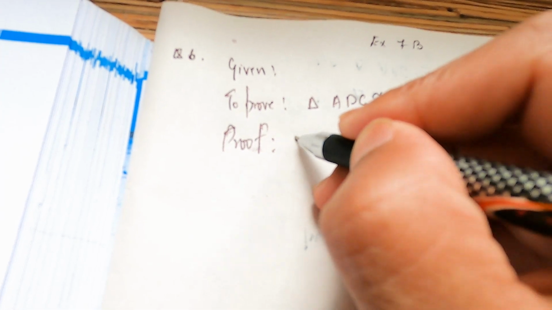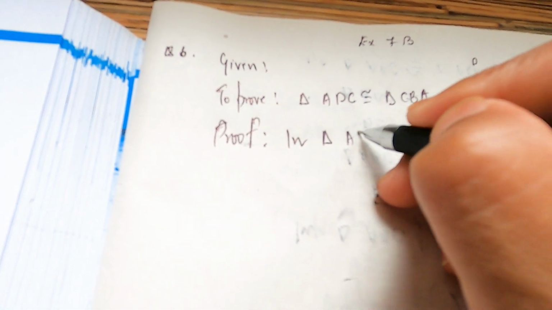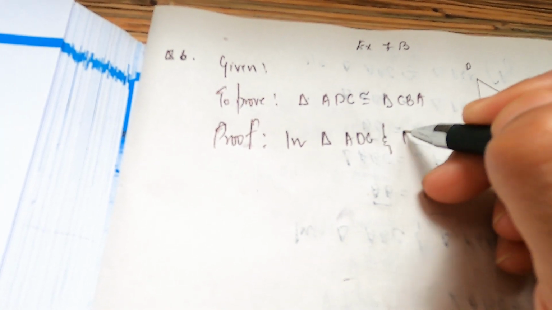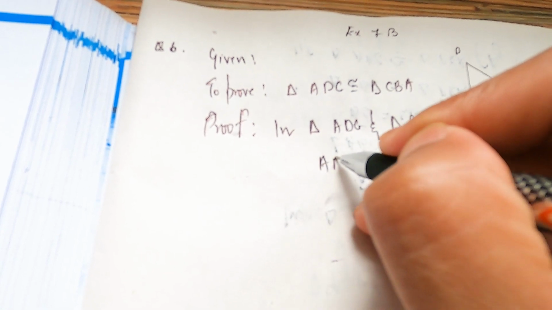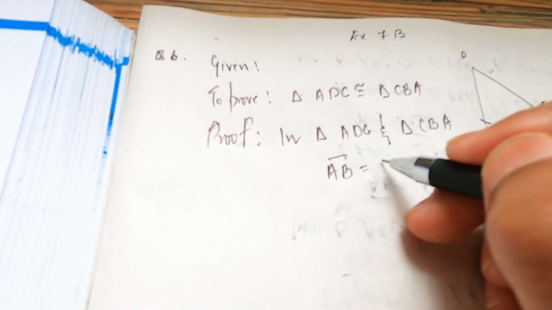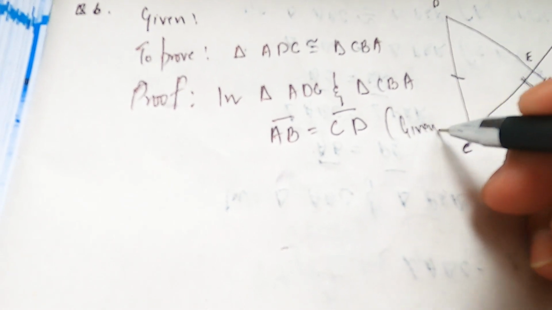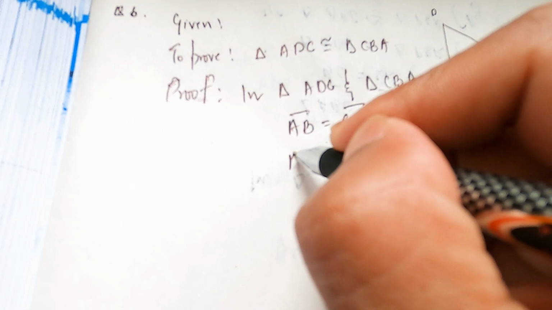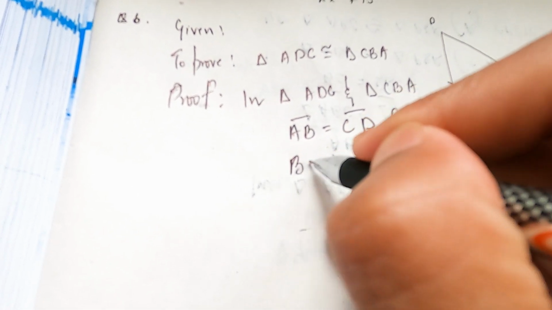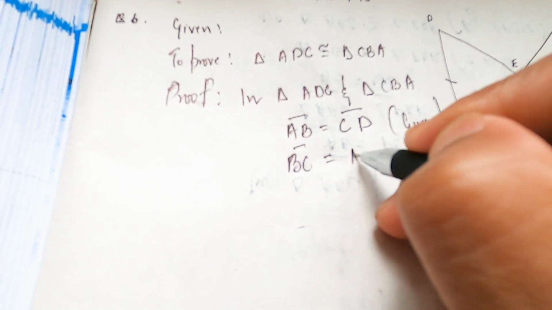So you write in triangle ADC and triangle CBA, side AB is equal to side CD. Alright, given from the question. Then side BC is equal to side AD.